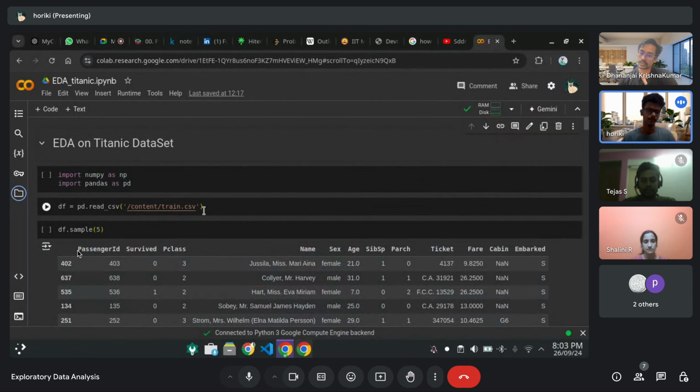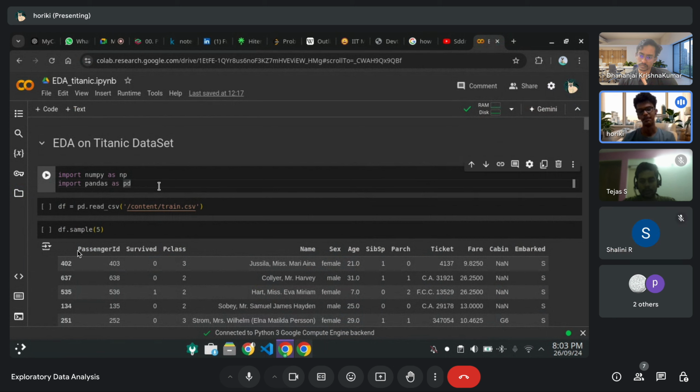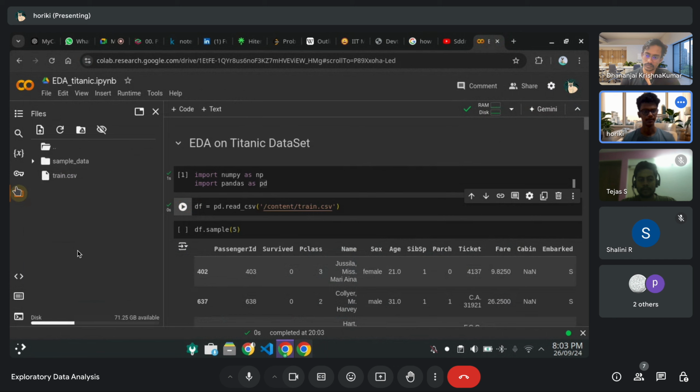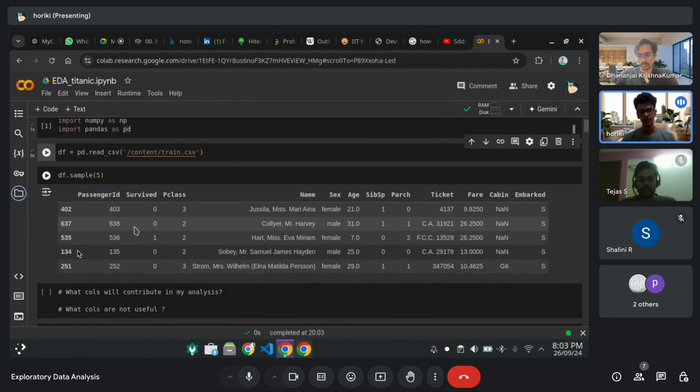So first we import NumPy and Pandas. It is somewhat similar to what they just did, but after that we read the CSV that contains the Titanic dataset that's here. Then we just look at the data and see what all the contents are.